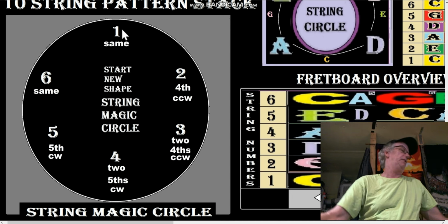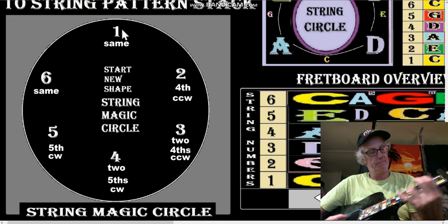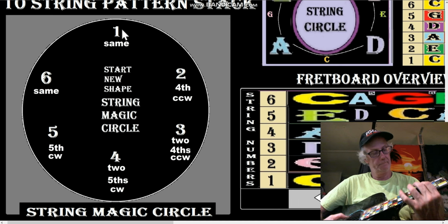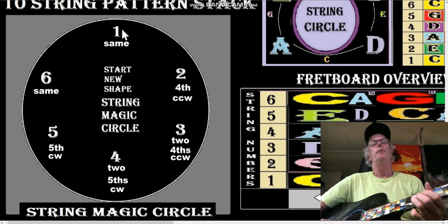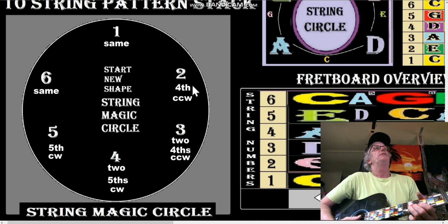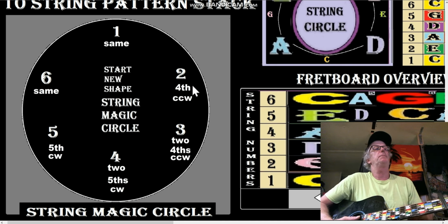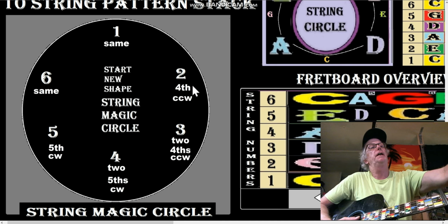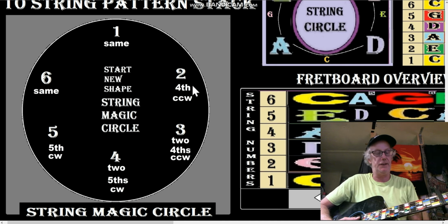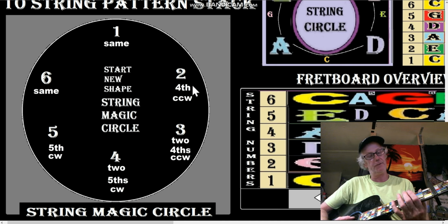If I start an A shape from an A shape, that's going to be the same. But if I start an A shape from the second string, it's going to become the fourth of A. A goes to C in a pentatonic scale, so the fourth of A is D, so it's going to be the D shape. So let's start a pentatonic scale from the second string, and we're going to come down on the D shape.